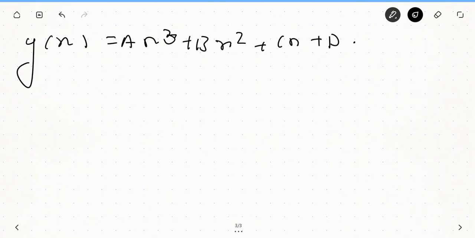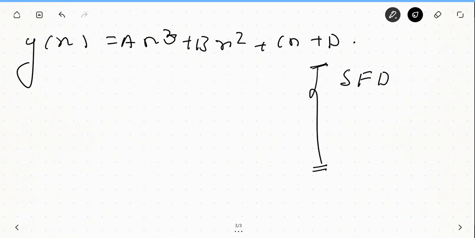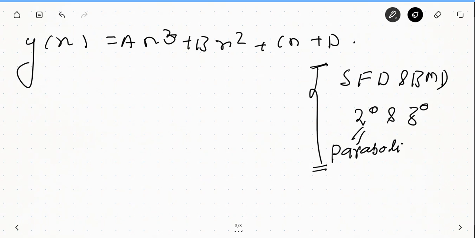It is because the degree of curve in which we have our interest while drawing SFD and BMD is 2-degree curves and 3-degree curves. 2-degree curves are basically parabolic curves, and 3-degree curves are called cubic curves.